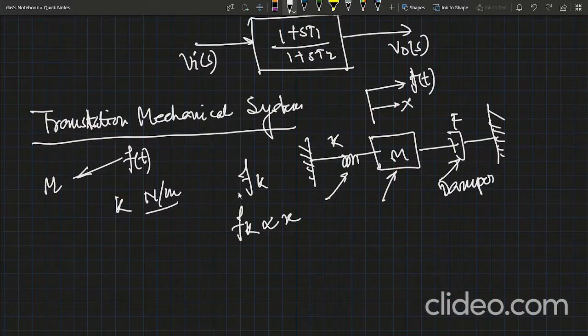Therefore the equation of motion for the system is obtained by applying Newton's second law of translational motion, which we already know.